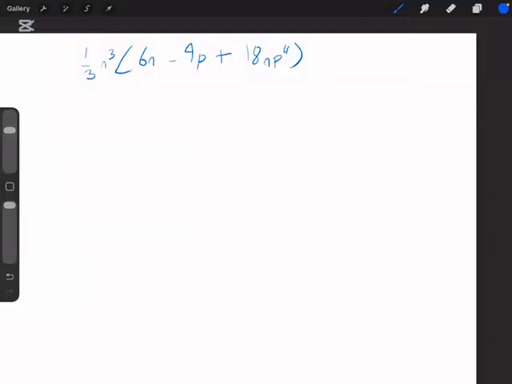Okay, so we're gonna solve this equation, which is 1 over 3n to the power of 3, distributed along 6n minus 9p plus 18np to the power of 4.